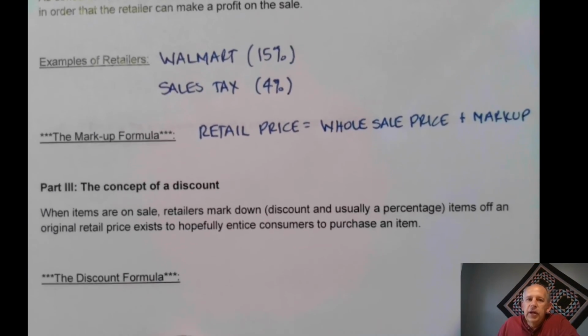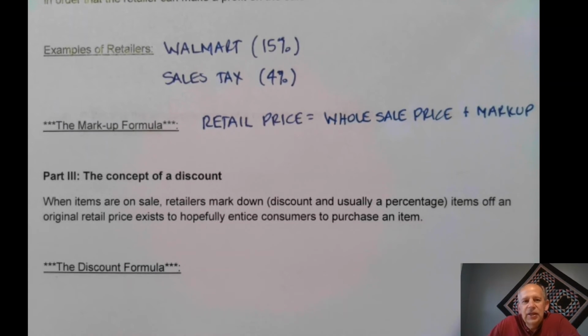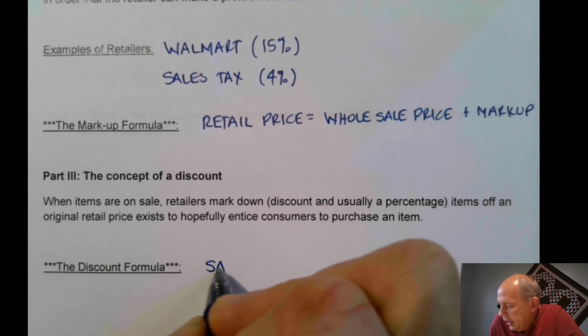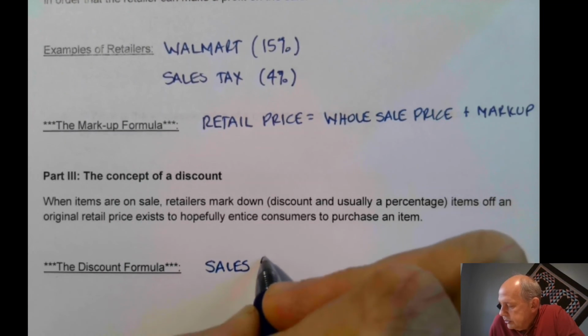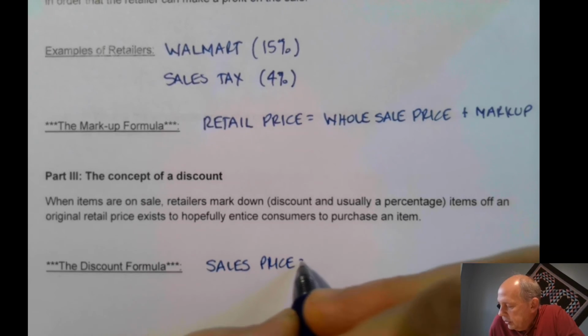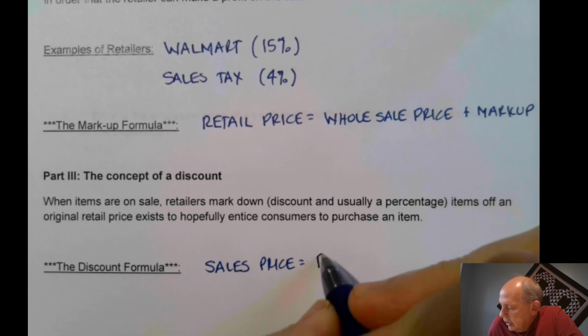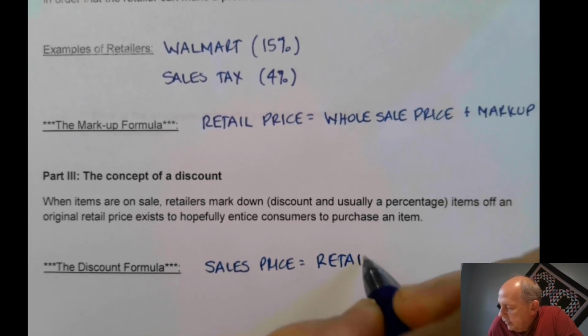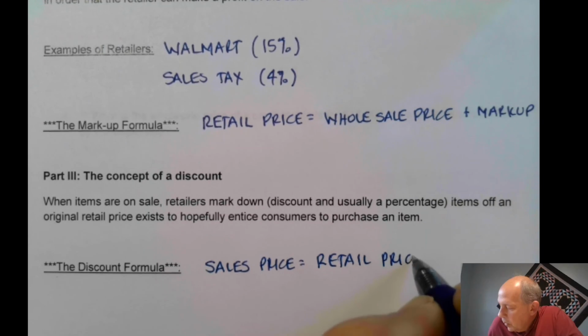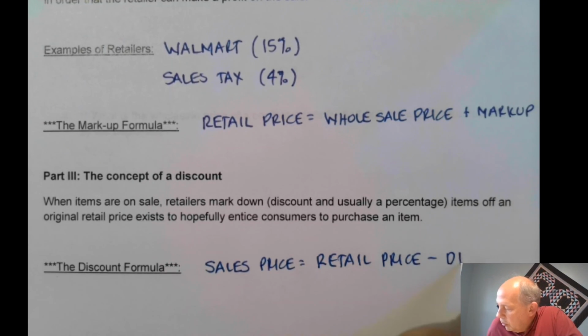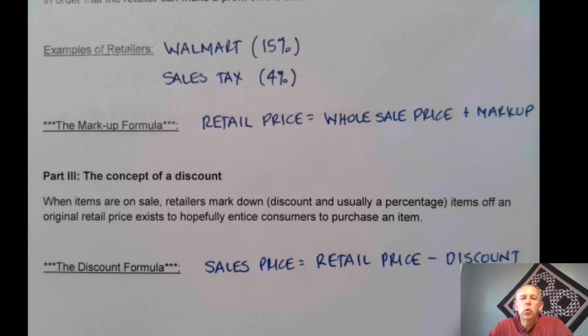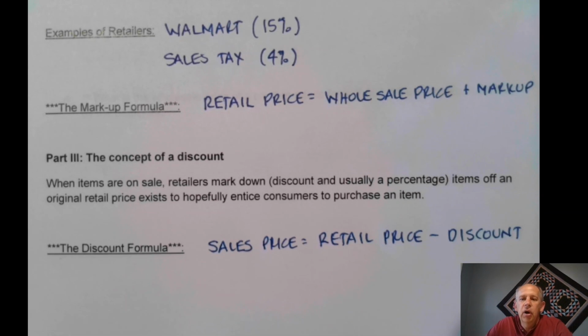Going the other way, stores sometimes have sales and discounts, and that is a markdown, or a discount, for a sales price, and there's a formula for that. Your sales price, the price that you pay, is your retail price of an item minus some markdown or some discount, which is generally some sort of percent off of an item.